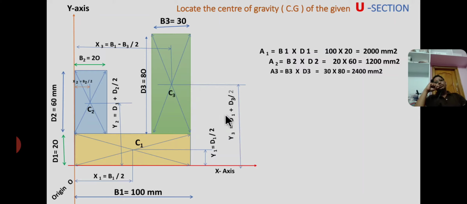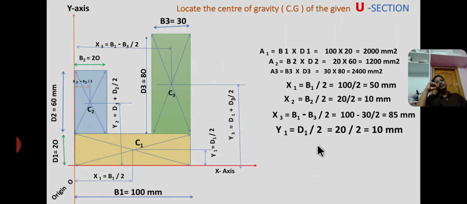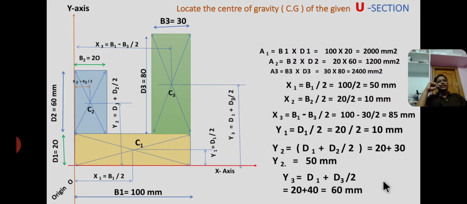Now y3 is the value of distance of centroid from x-axis, and y3 equal to bottom height, that is d1 plus half of the height, that is d3 by 2. Okay, d1 plus d3 by 2. From figure, x1 equal to 50 mm, x2 equal to 10 mm, x3 equal to 85 mm, and y1 equal to 10 mm, y2 equal to 50 mm, y3 equal to 60 mm.